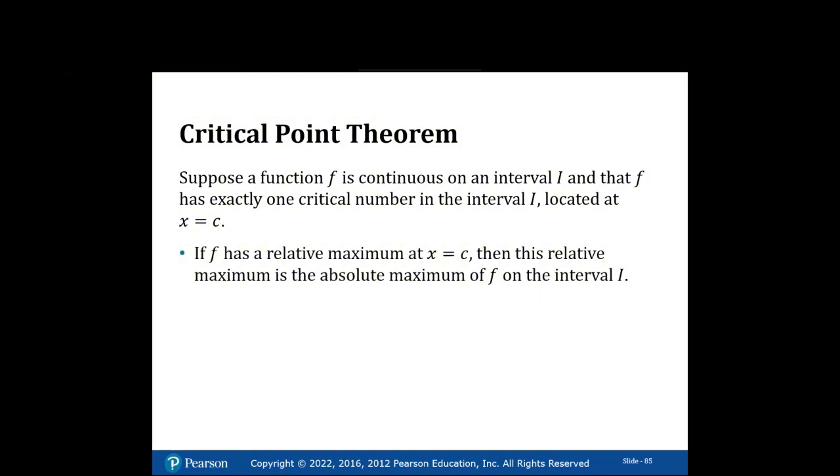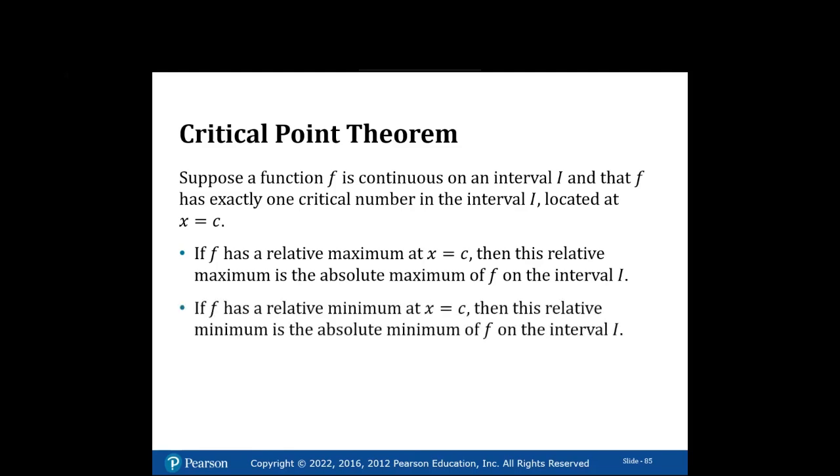If f has a relative maximum at that critical number, then this relative maximum has to be the absolute maximum of f on that interval. Same thing if it's a relative min, then that has to be the absolute min of f on that interval.